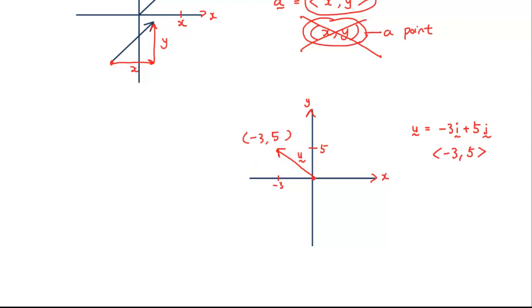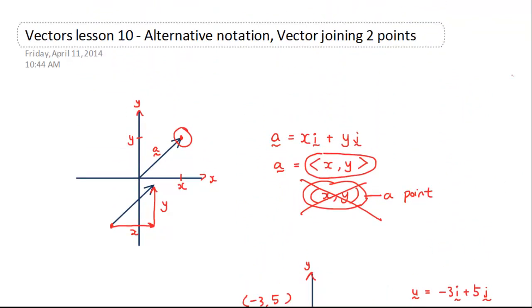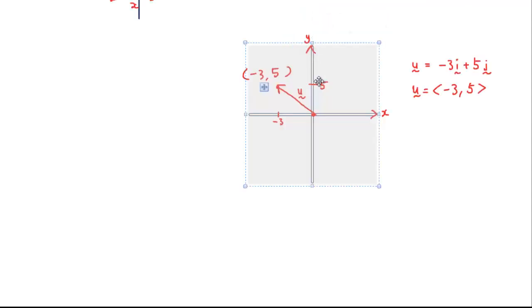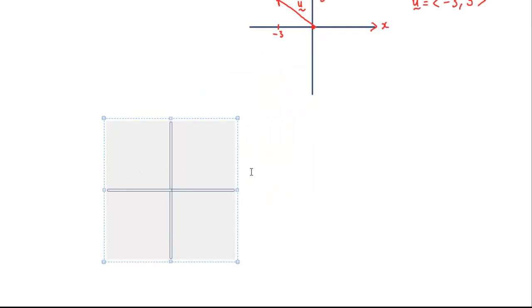Okay, so now that you are familiar with both kinds of notation, we're going to teach you how to specify a vector joining 2 points on the Cartesian plane. So this is our Cartesian plane, and let me just give you any 2 points on this plane.